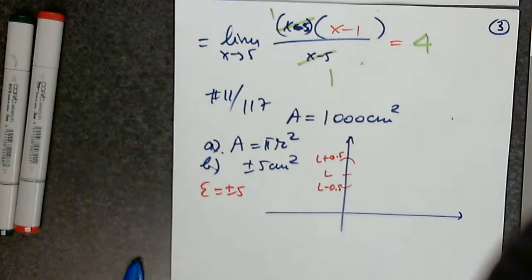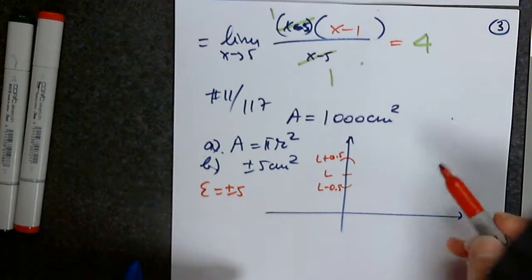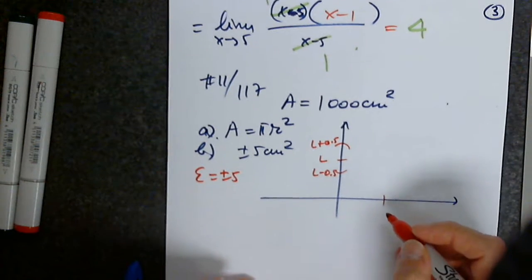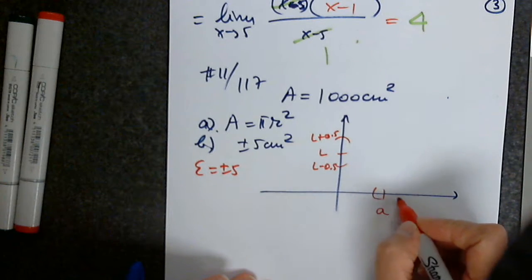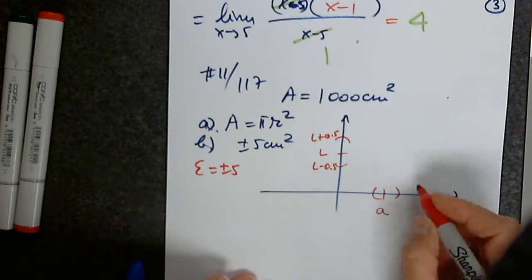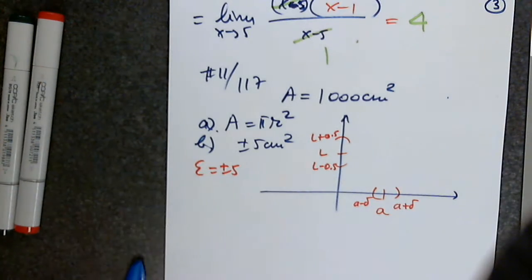Let's see what they want next. It's allowed an error tolerance in the area of the disk. How close to the ideal radius in part A must the measurements control the radius? Whatever the function is, it's a quadratic function, but whatever it is, this will be our A, and we're asked to determine delta. So A plus delta, then A minus delta.